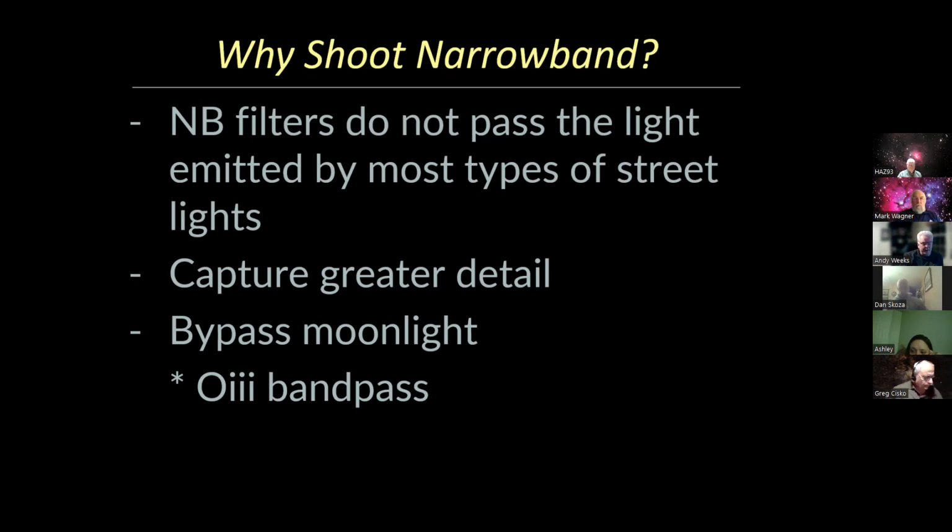Now I have the 3 nanometer, I can shoot when it's 3/4 and not be too concerned about it, as long as the moon's far enough away, like 20 degrees. But sometimes it will cause some gradients, and you have to deal with them in post-processing.